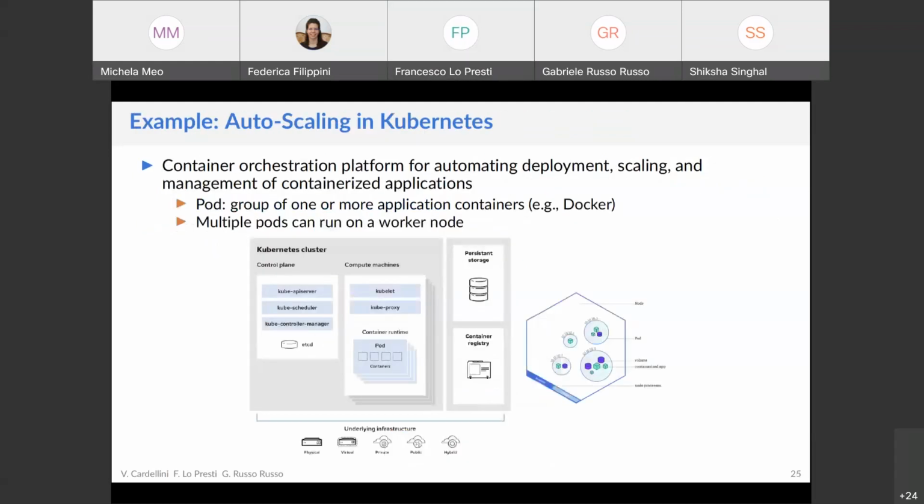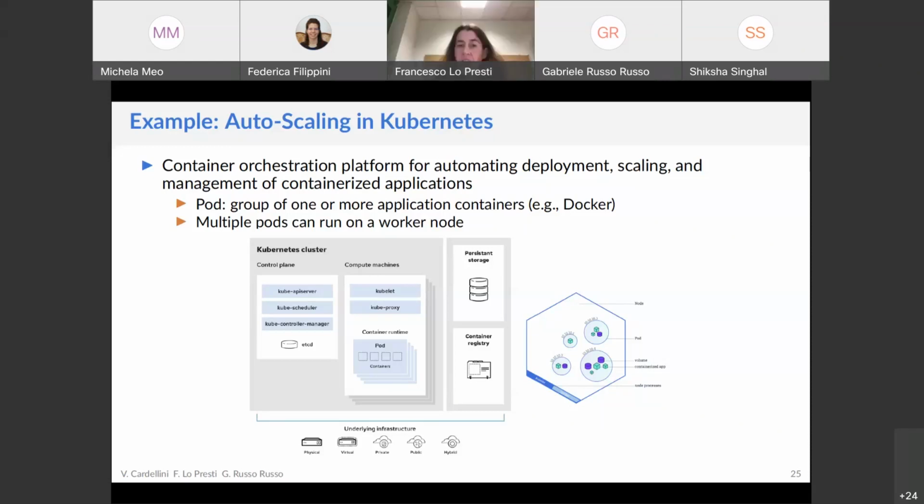To conclude, let's just consider a real and popular framework where you can implement some of the techniques based on reinforcement learning to provide elasticity.